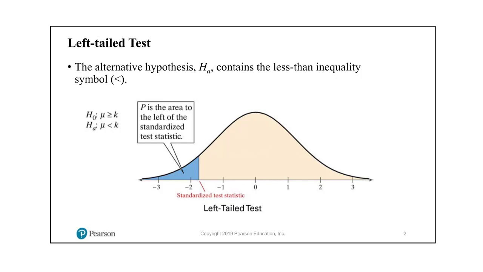If there's a less than in the alternative hypothesis, like here, mu less than k, just like with the z lookups, we'd be talking about an area to the left of our standardized test statistic. So this area in here. The alternative being mu less than some value gives us the left-tailed test.